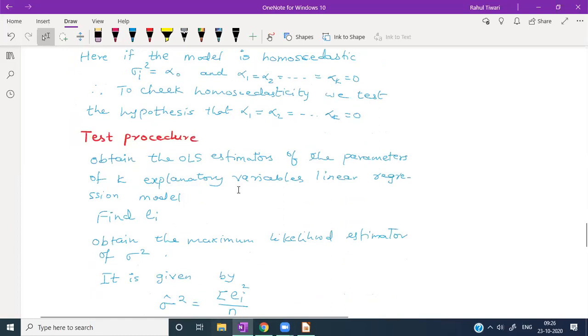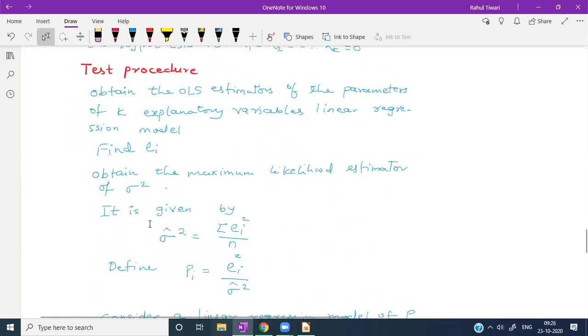So what is the test procedure? We have to estimate all parameters, and once you get the parameters, one can get the values of e_i using the MLE estimators, which I think you have already seen how to get. Once you have this sigma hat square, one can define p_i, which is e_i square upon sigma hat square, correct?